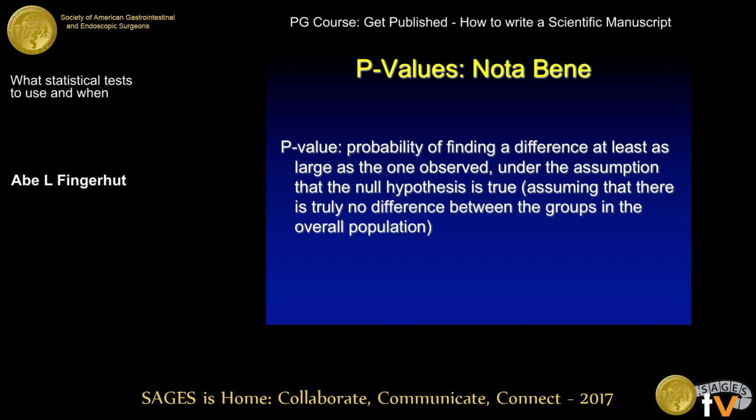Don't use p-values just because you have data and you put it into a machine and it calculates the p-value. That has no sense. If you hypothesize that there is no difference between two categories, yes, you can use a p-value. But if there's no sense in hypothesizing that there's no difference between a population A and a population B, don't use a p-value. It has no meaning.